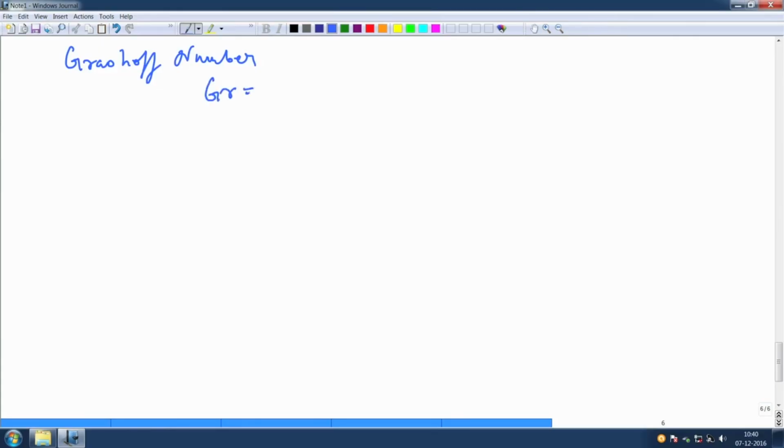The Grashof number is basically G R cube, I am writing it big, where G is the gravity, R cube is whatever the droplet size is that we are dealing with, and the kinematic viscosity square. Now, if your R is of the order of 100 micron at earth gravity.